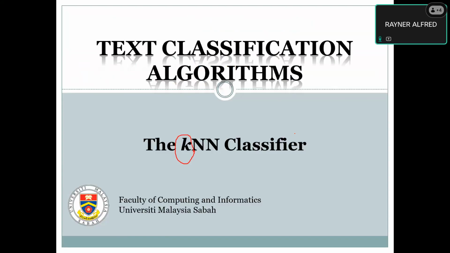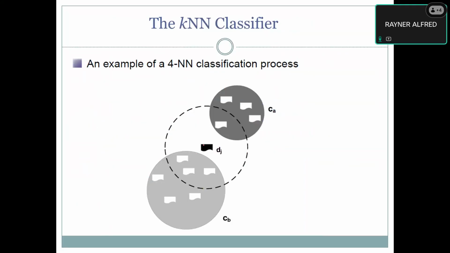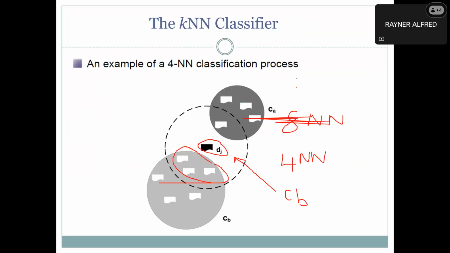If we have a new document here, in this case, in the circle, this is 4NN, 4 nearest neighbors. Since three documents belong to class B, this one will be assigned to class B. It depends, so you can have 8NN or 1NN. You can try all of this, but for 4NN, the new document belongs to class B.